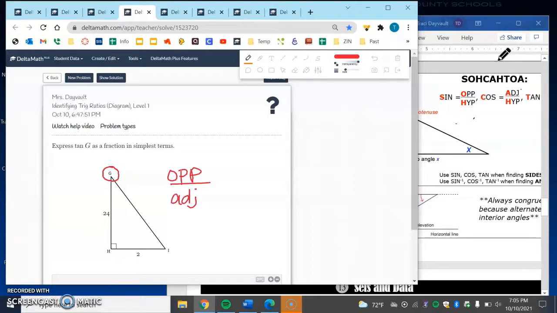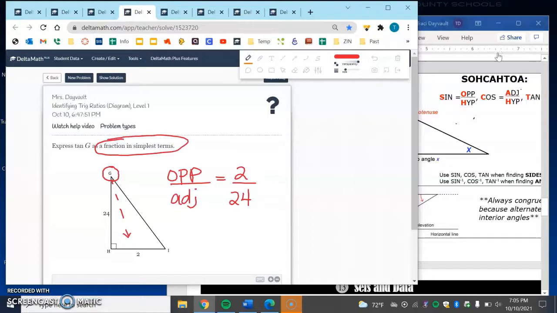All right, so let's figure out which leg is opposite from angle G and which one is adjacent. The opposite from angle G would be the one that it does not touch. That would be 2. And then the adjacent would be 24. Not the hypotenuse. Tangent doesn't use the hypotenuse. Okay, a fraction in simplest terms.